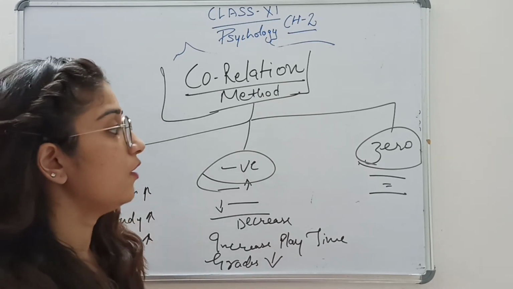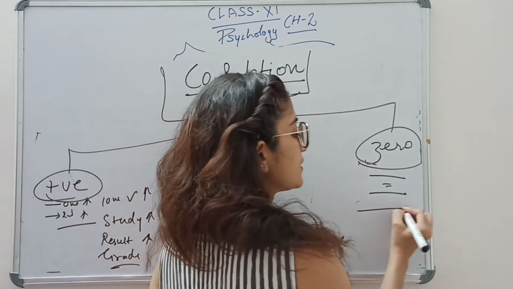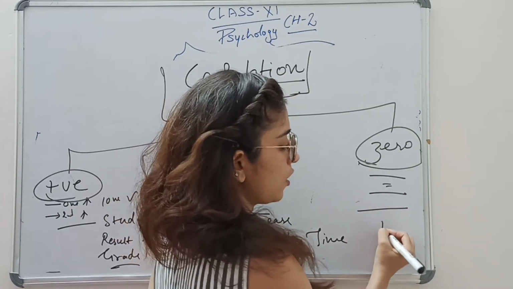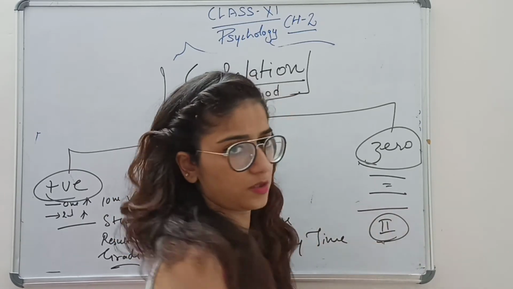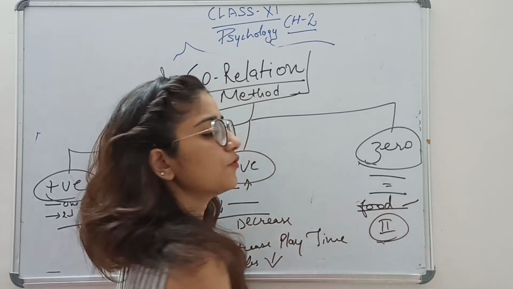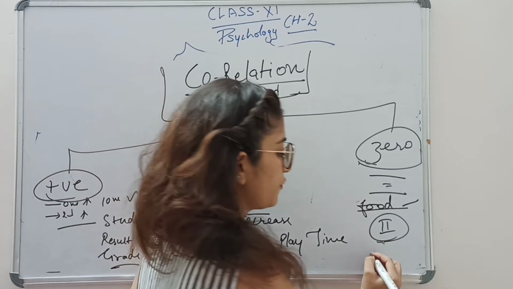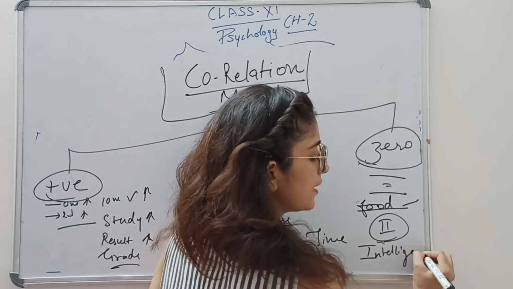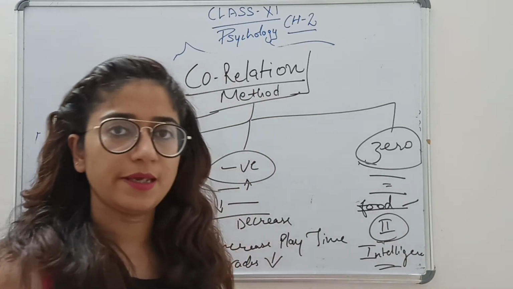Now zero means one is increasing or decreasing, it doesn't affect the second variable. Like if you are increasing your food habit, it is not affecting your intelligence. Your intelligence level will remain the same.